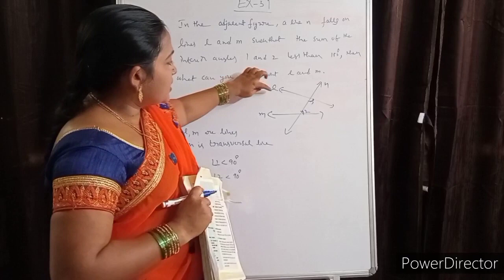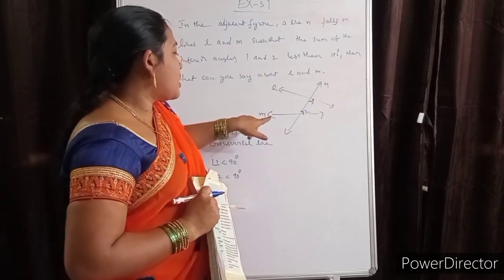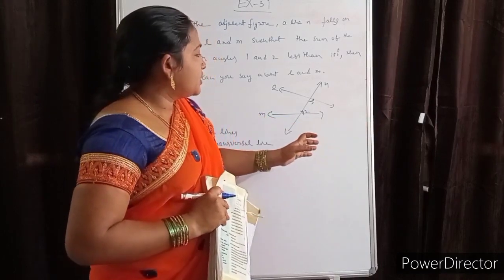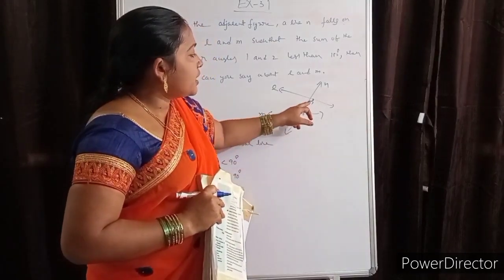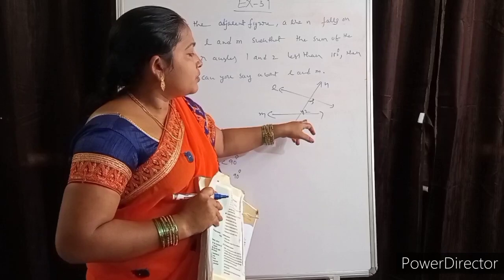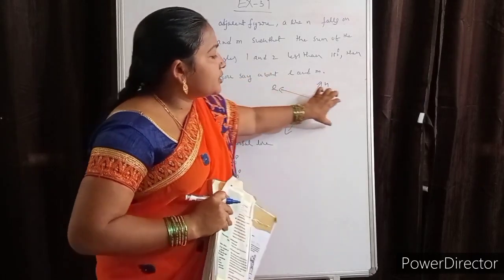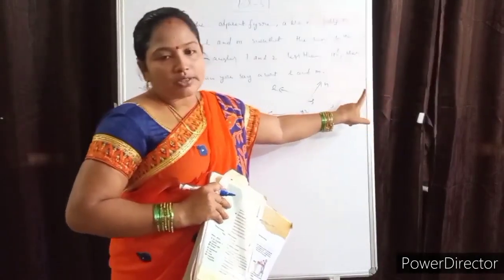If line L and line M are produced on one side, the angles 1 and 2 are formed. These two lines intersect at one point.